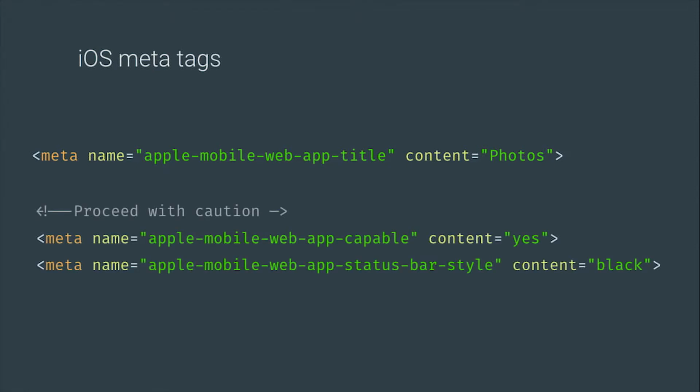But I would say proceed with caution with this, because some users have reported that their app was slowed down. And another important UX factor is that if you don't test on it, there's no hardware back button. So your users might get stuck there forever. And you can also change the status bar style as well. But if you're going to do these two, make sure to test on iPhone.